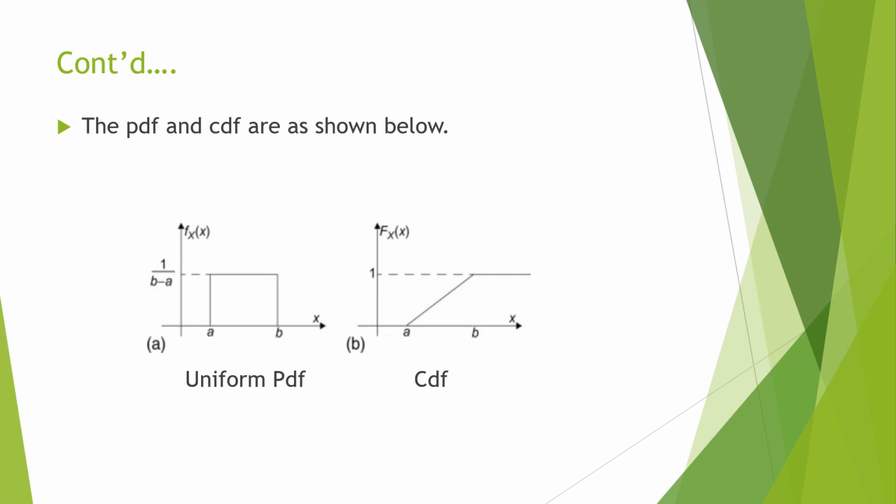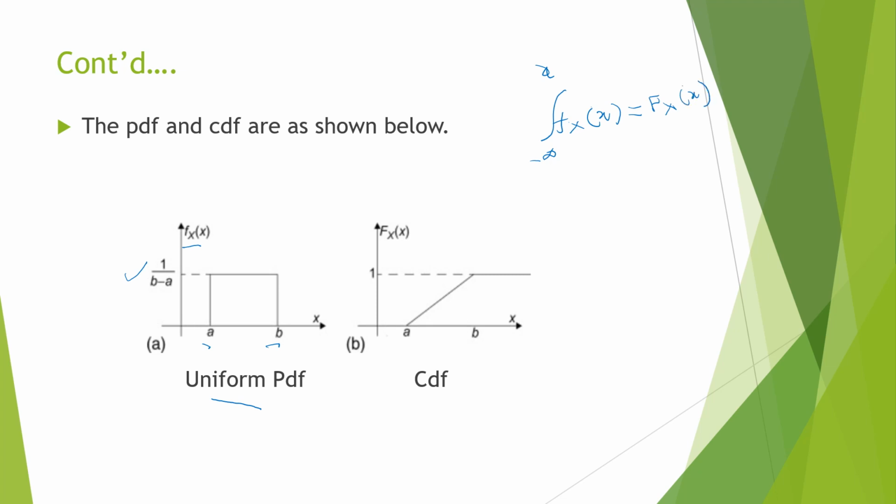So in the previous example, from the uniform PDF, we computed the CDF. Now we have drawn the diagrams here. This is the PDF, which is uniform over the interval A and B that we have seen. From this, we derived the CDF by integrating f of x between minus infinity and x, and we got the CDF F of x.